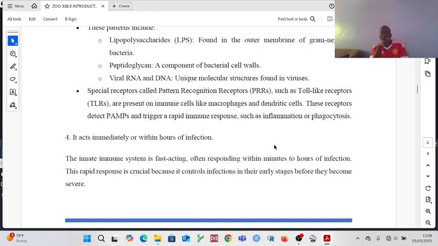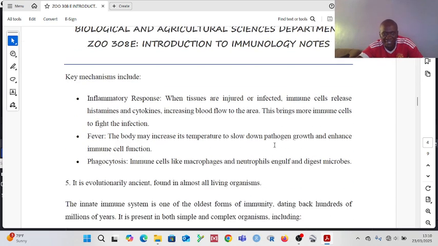Remember we said that the innate immune system either tries to stop the infection or eliminate it. So by responding fast, it helps ensure that the infection is controlled before it becomes severe. Okay, so that's the fourth characteristic.